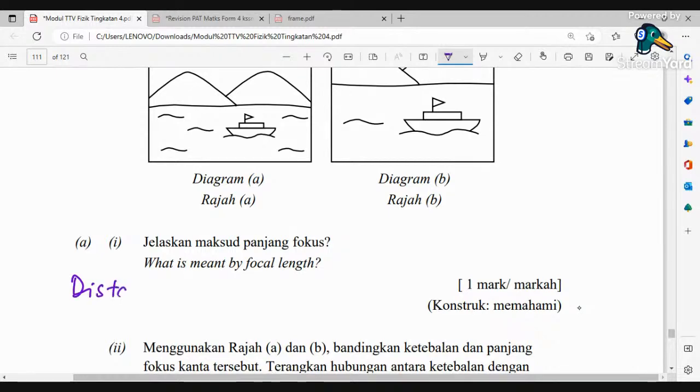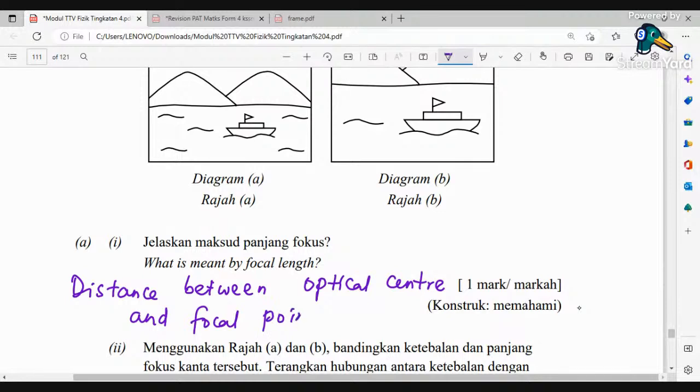Distance between optical center and focal point. Okay. Kalau you ada lens macam ni, okay, ini optical center, ini F, so dia punya distance ialah focal length.